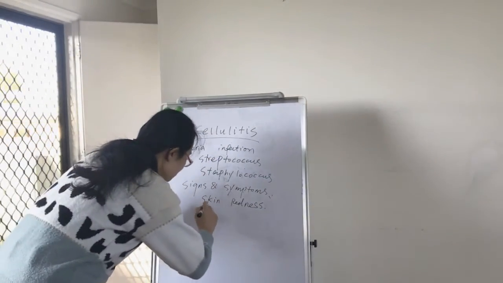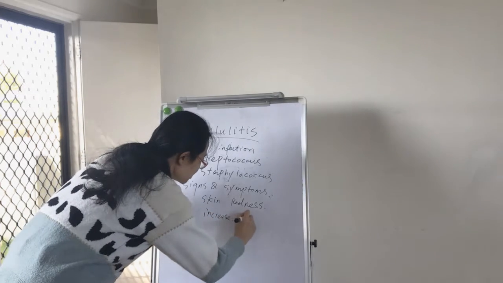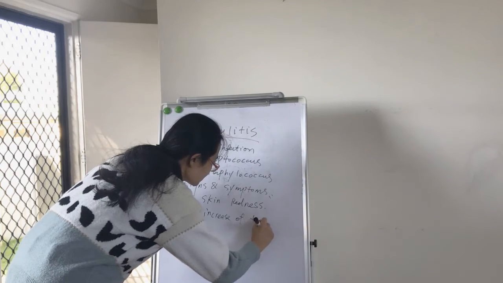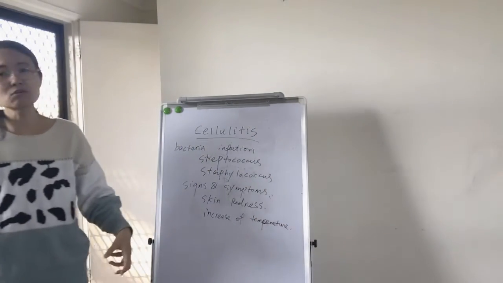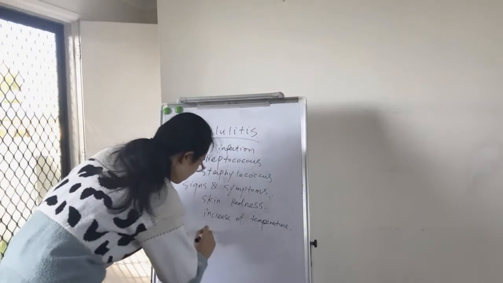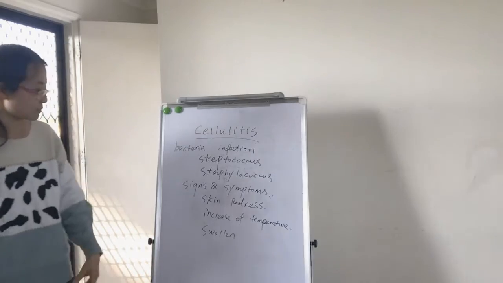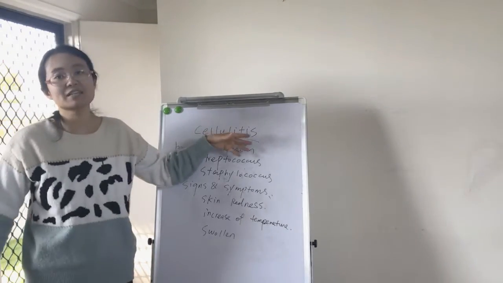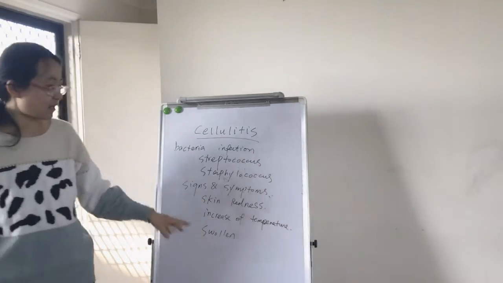And both legs will look very swollen. The skin area looks really swollen, especially on the lower legs. Like we said, it attacks mostly the legs. So these are the common signs and symptoms.